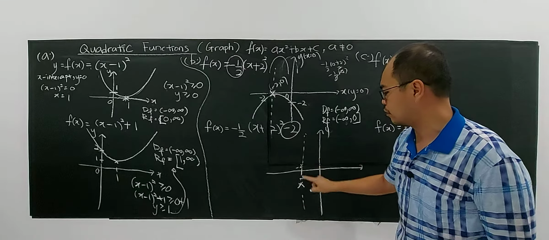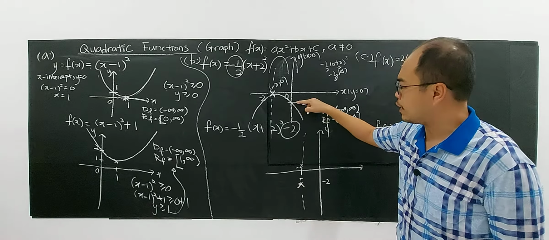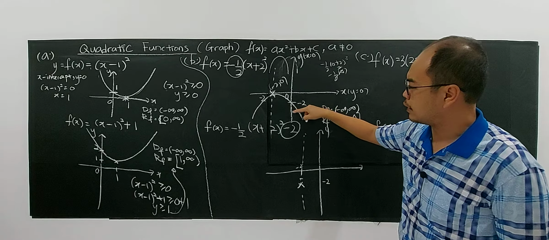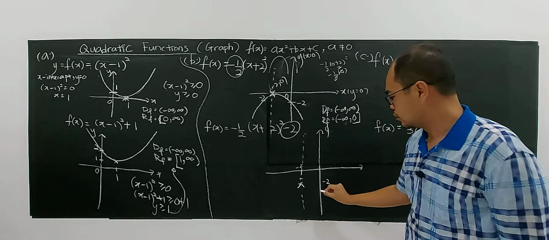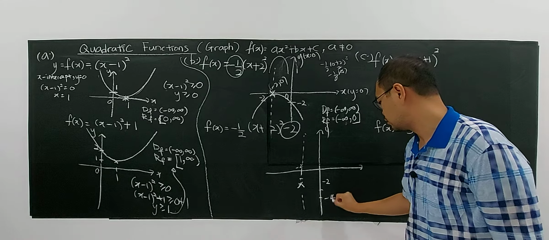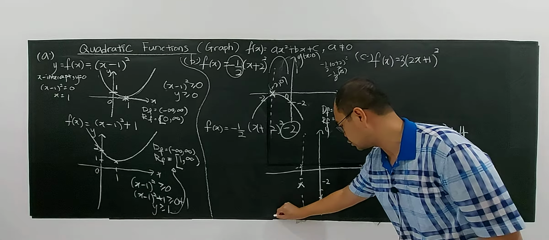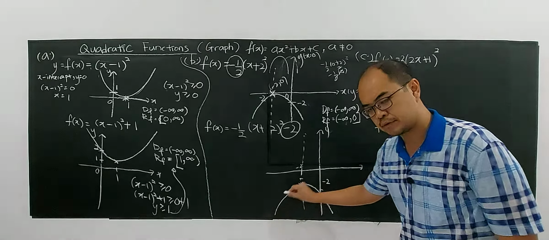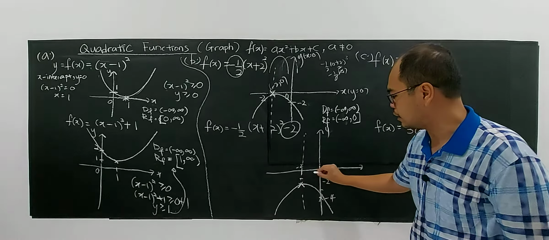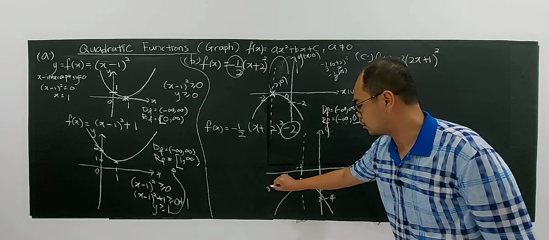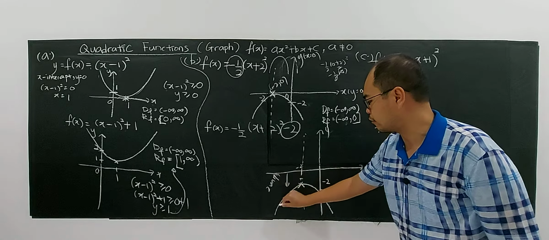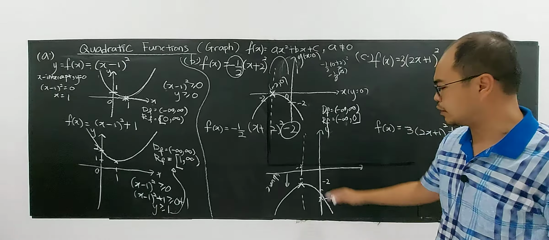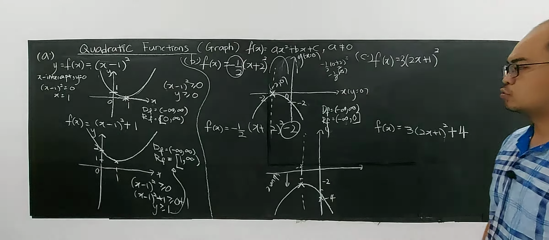The maximum point will reach here, and the y-intercept also goes down by 2, so you reach negative 4. The shape of the graph is the same, but the location goes down by 2 units. Every y value on the graph moves down by 2 units.